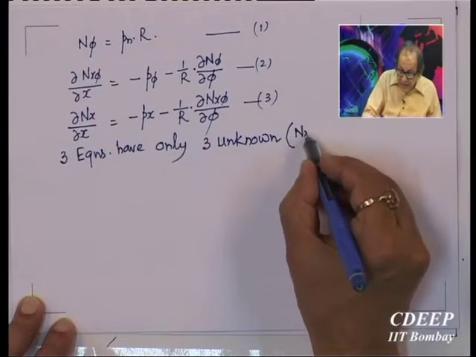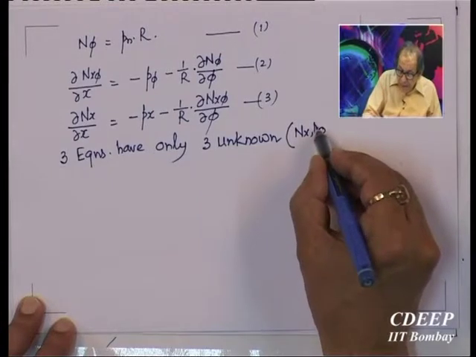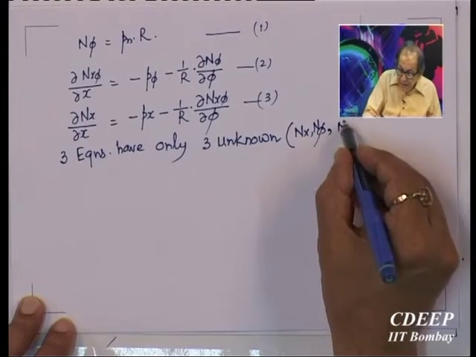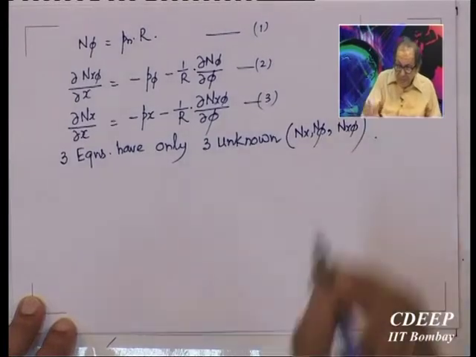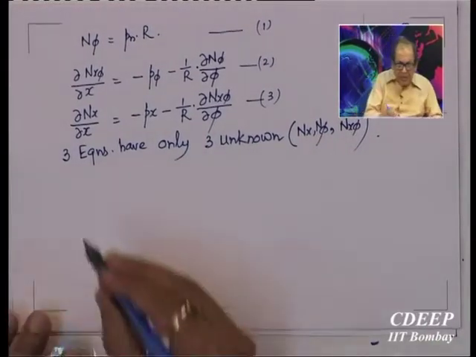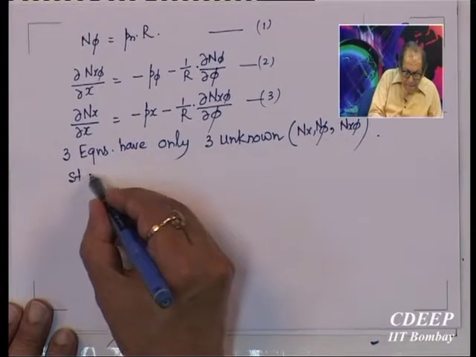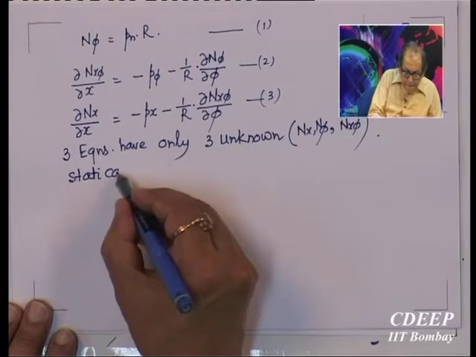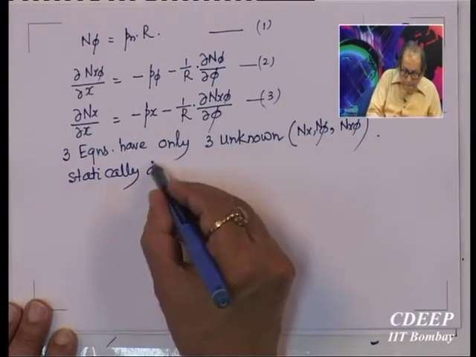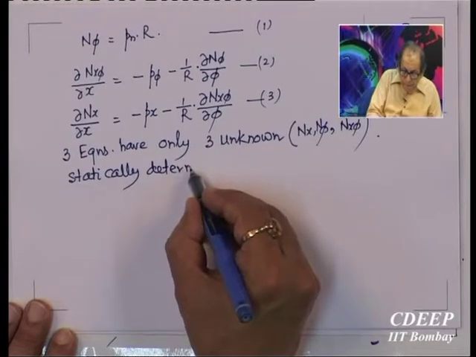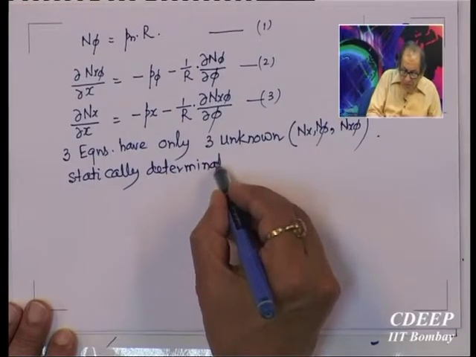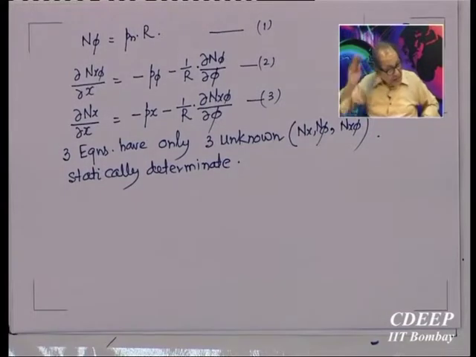It is n x, n phi and n x phi. So, the problem is statically determinate. Somehow we should be able to solve only these three equations in order to get all three quantities.